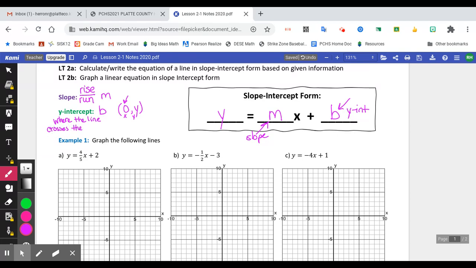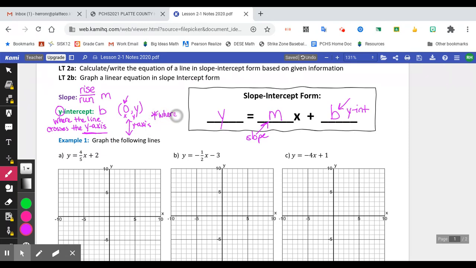Or I'm sorry, the y-axis. Sorry about that. It's located on the y-axis, which is the one that goes up and down, every single time.